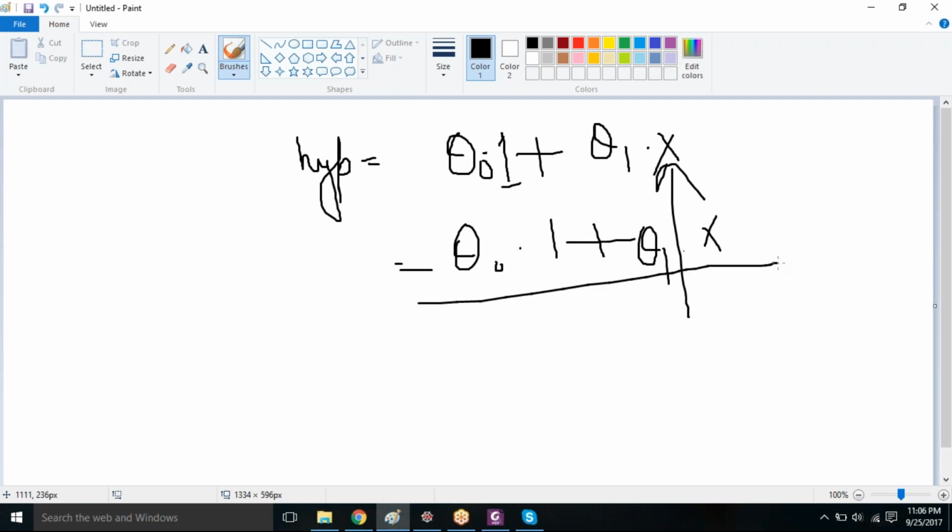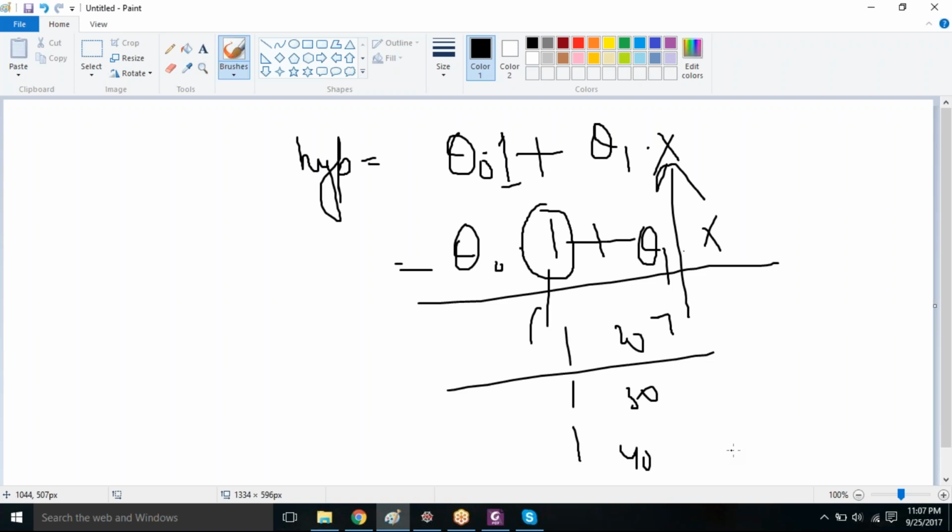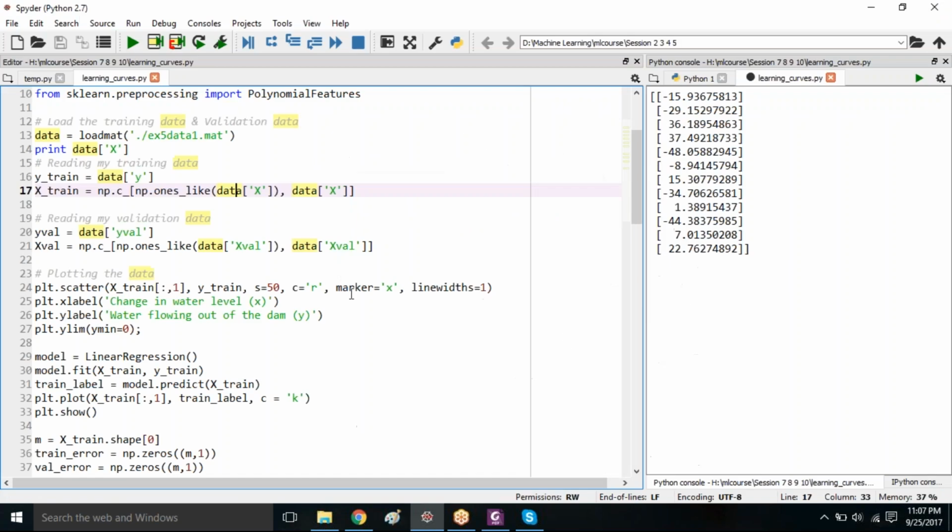So every x, say 20, 30, 40, they have appended 1 to it. Even if you do not append this 1, it will work. This is basically the MATLAB funda, so they have done it. It is just appending 1, nothing else.